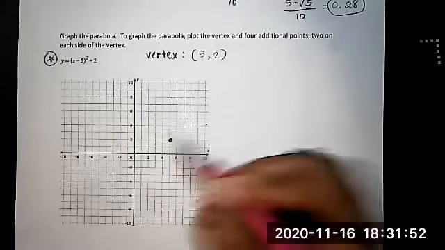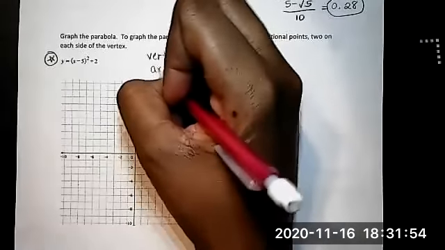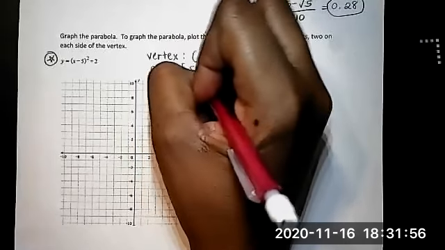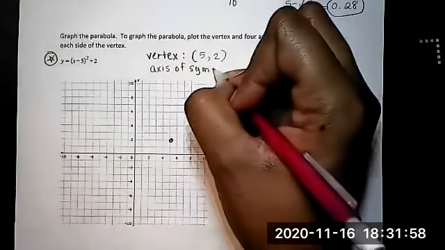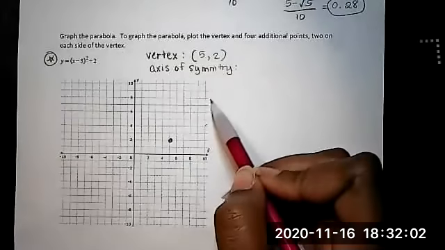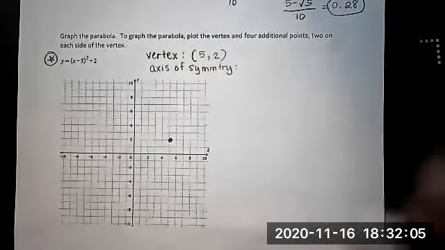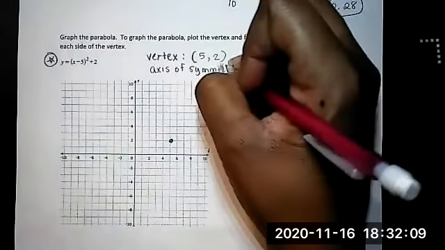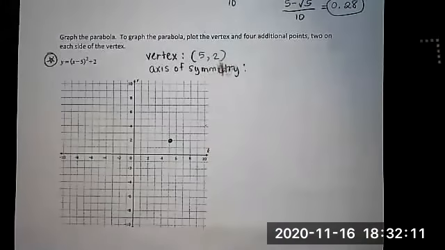Now, your axis of symmetry, and they may ask you for this. Okay, I can't spell. Come on. All right, symmetry. Okay, that might be right.